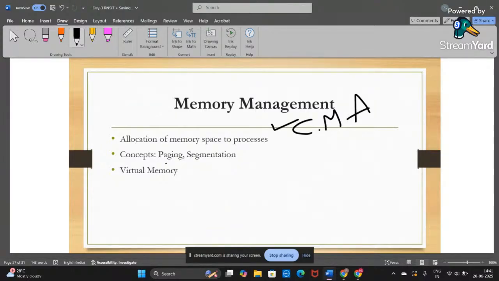What is paging? It divides memory into fixed-size pages or frames.